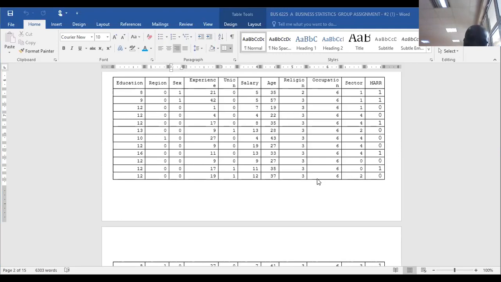You have 11 variables, 534 respondents. How many items are you going to key in? 534 only? No, 5,874.